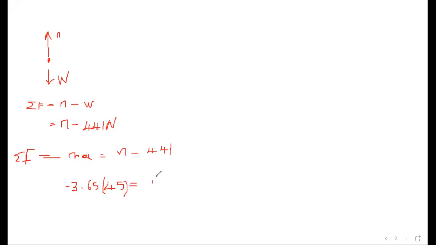which is going to give us the sum of all the external forces. Therefore, our N would be equal to 441 minus this value, which is 164.25.